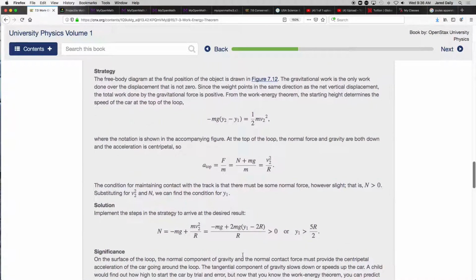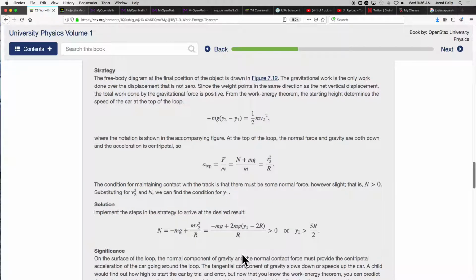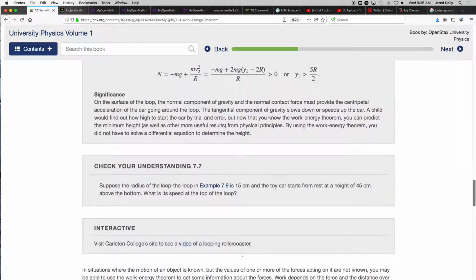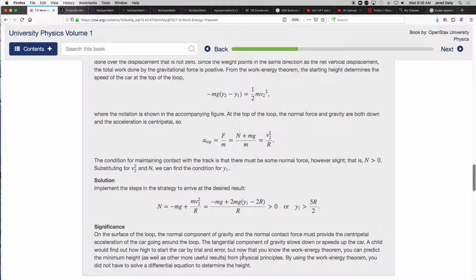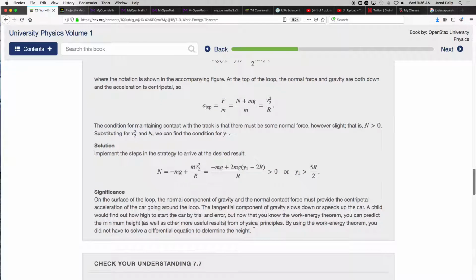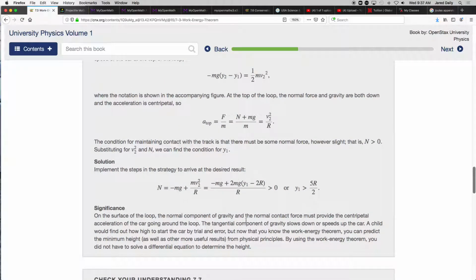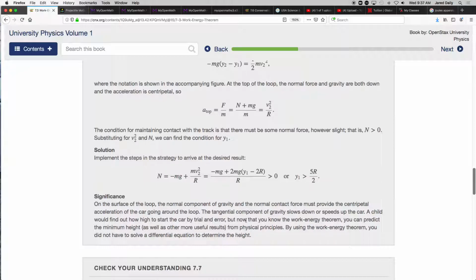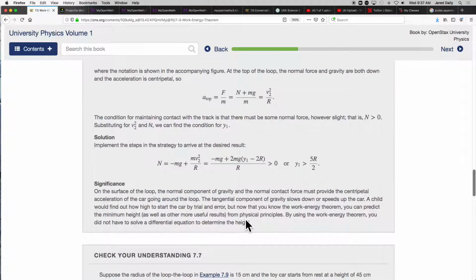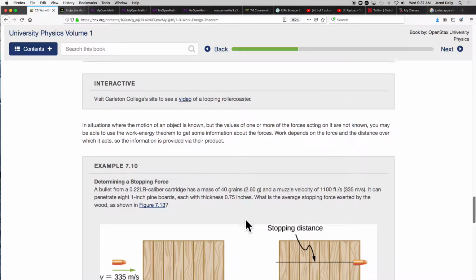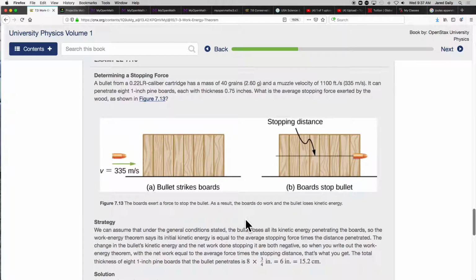I don't think they used it at all, actually. So that's kind of annoying. I'm not sure we even needed the energy to do this problem, but we used it anyway. They weren't able to determine the answer from the energy, so they went to Newton's second law, which was exactly what you weren't supposed to do. Could have done it with the energy, I suppose. Anyway, here we're going to use just the energies now.